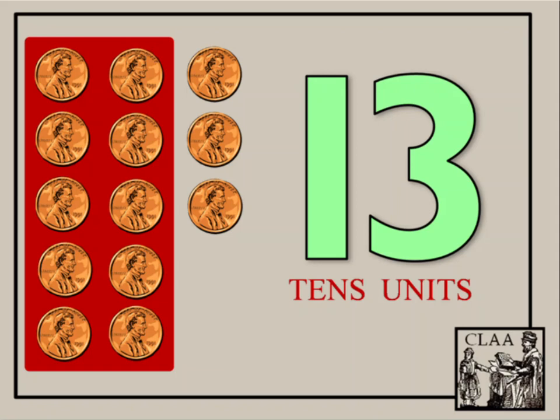So we write the number 1 for the tens. And outside of the red box, we see 1, 2, 3 pennies left over. So we write a 3 for the units. So we write a number 1 for the tens and a 3 for the units, and we have the number 13.